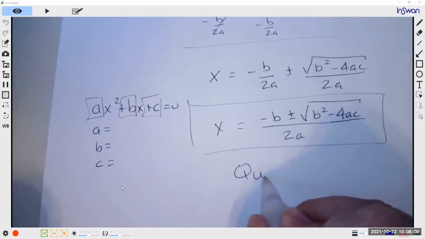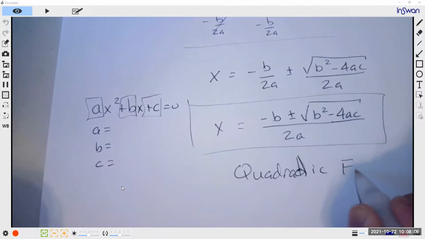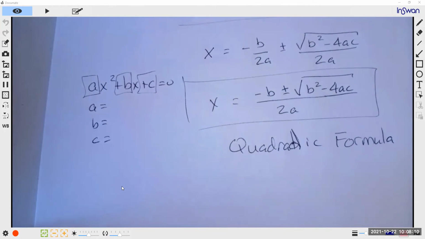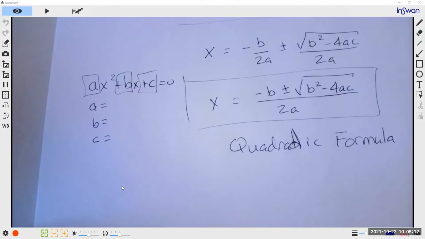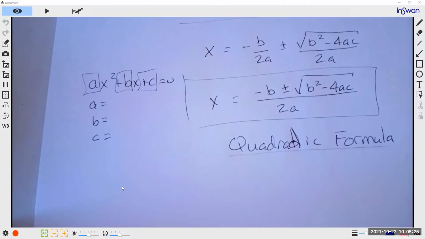This is called the quadratic formula. This is our third method. This method always works. As you can see, it's a lot less cumbersome, has less moving parts.